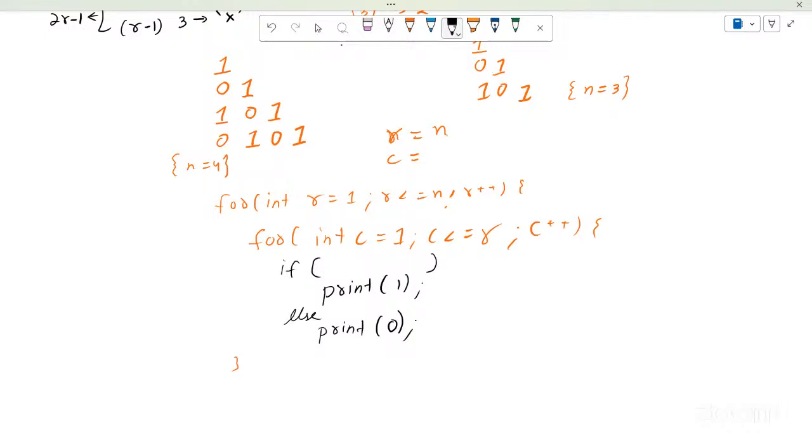What are you thinking? When r is odd, 0 position is even. Okay, okay. Then what else?